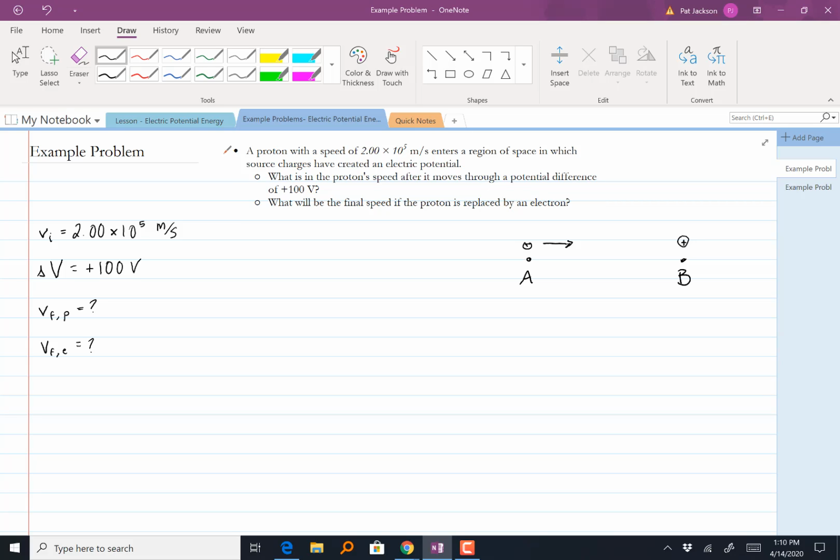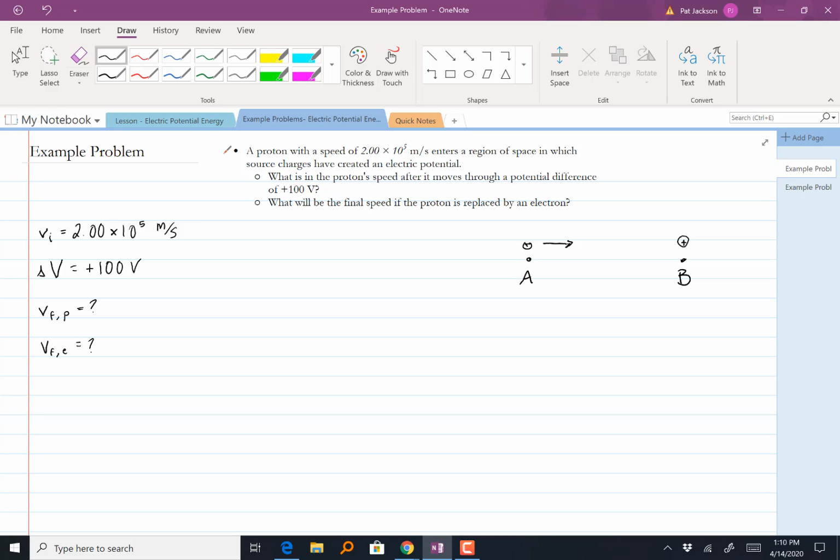Now, what the specific value of the voltage is at A or B really doesn't matter, all right? So I could say the voltage at A is 0 and at B it's 100, right? And that's going to give me a potential difference of 100. I could say that the voltage at A is 1,000,000, and the voltage at B is 1,100,000 volts, and I'd still get the potential difference of 100, and that is the only thing that's really going to matter in this problem, all right?